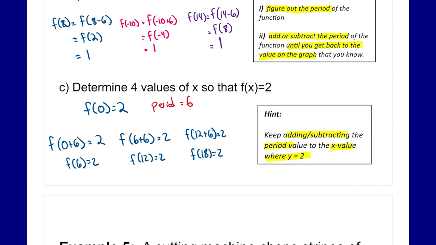I could go further, or I could subtract and go backwards. Again, different ways that we could do it. We could keep adding 6: from 18 it goes to 24, from 24 it goes to 30. Or we can go backwards: from 0 we go to negative 6, then negative 12, negative 18. As long as we're adding that period to each x value, that's going to move us 1 period or 1 cycle away, which brings us back to that same y value.